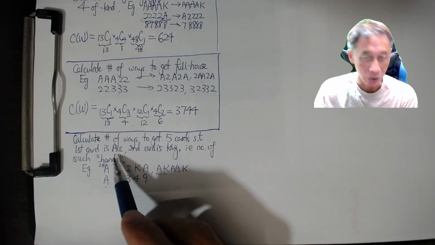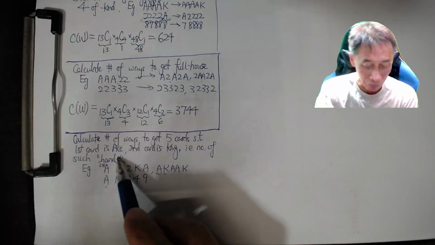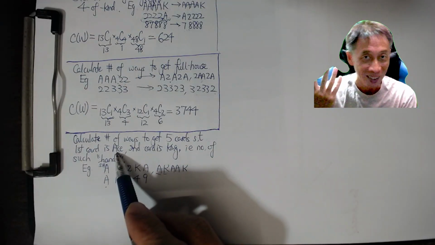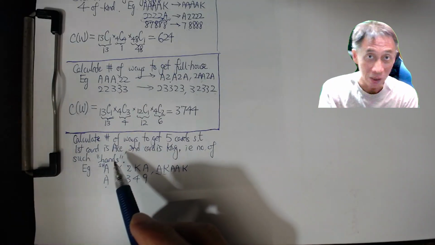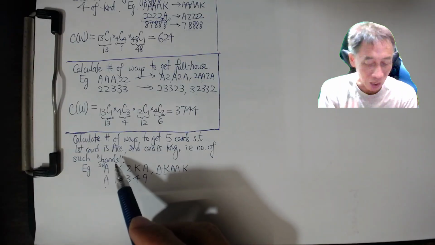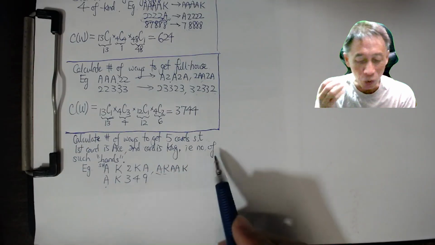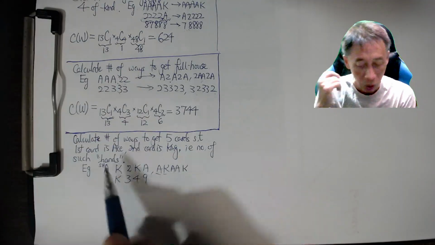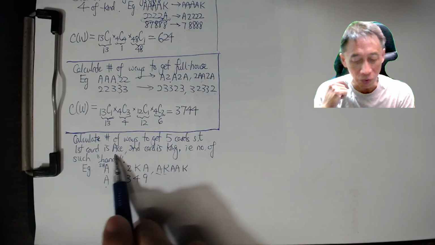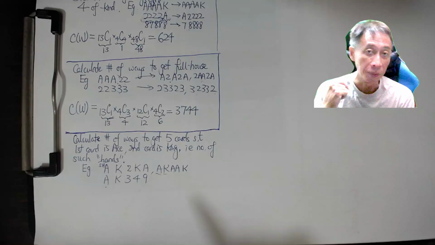That means when you receive the first card, it has to be ace. The way you form the 5 cards, the ultimate 5 cards that you win or lose with, has to be such that the first card is ace, second card is king.